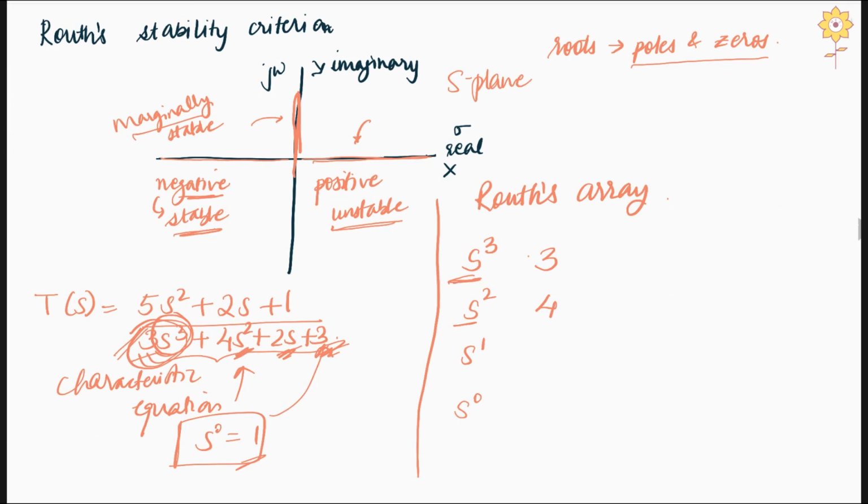Since s cube is an odd power, all the numbers that go along with odd powers of s, we will be writing in this particular row. In this particular row, we will be writing all the numbers that are with a term s which has an even power. So, we have the characteristic equation, I will write it here.